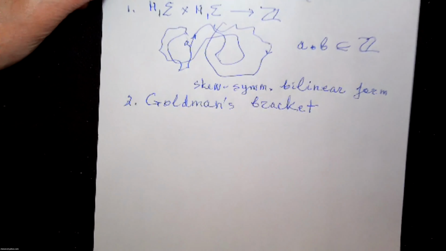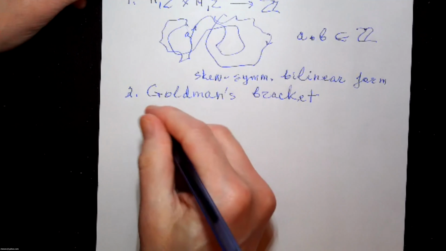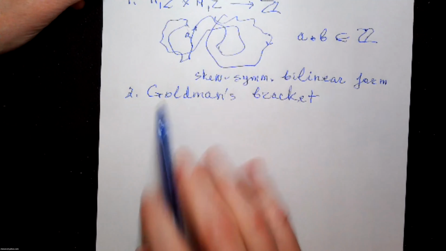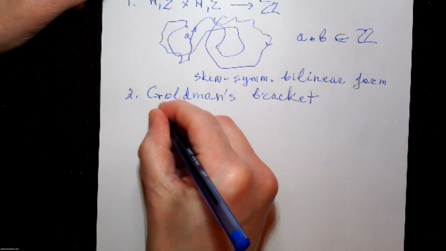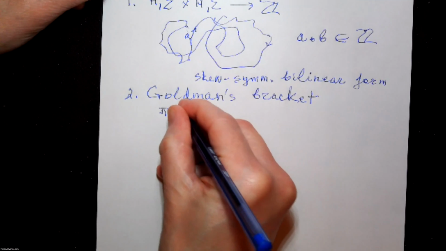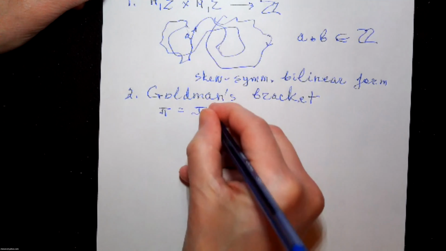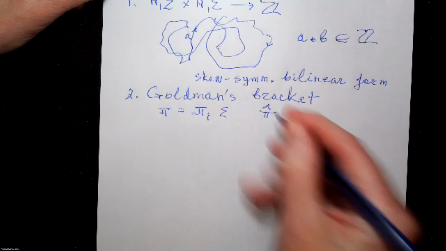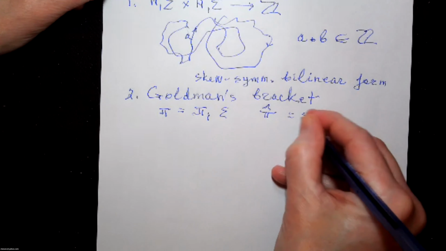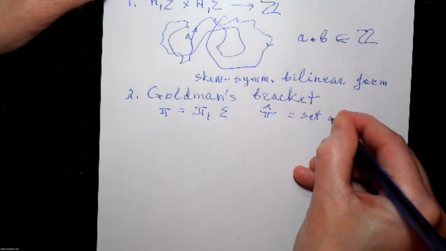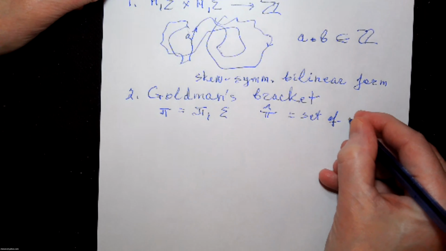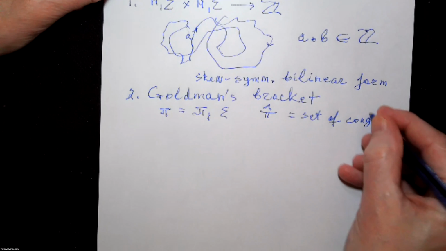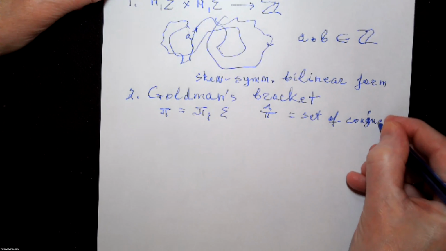So first of all, you consider the set of all free homotopy classes. So it's no more a homological invariant. Let pi be the fundamental group of sigma. Pi hat is the set of conjugacy classes of elements of this group.